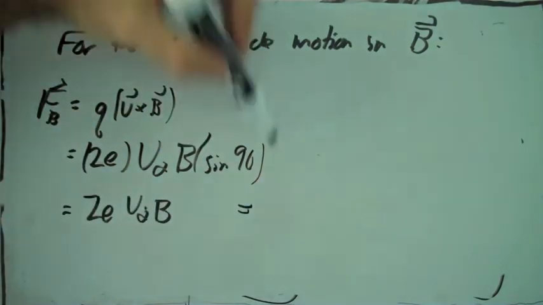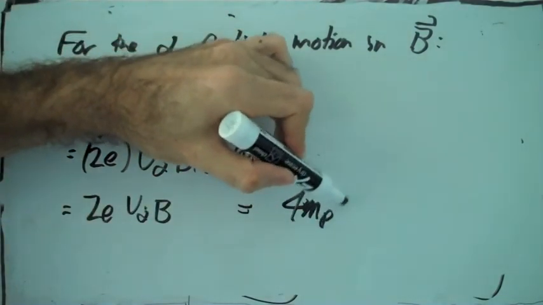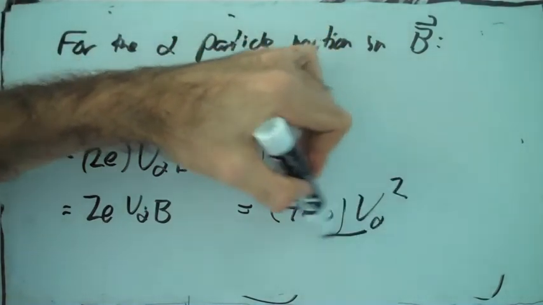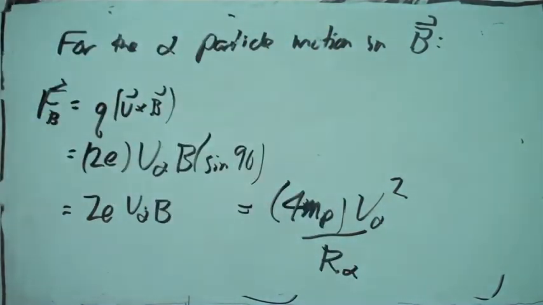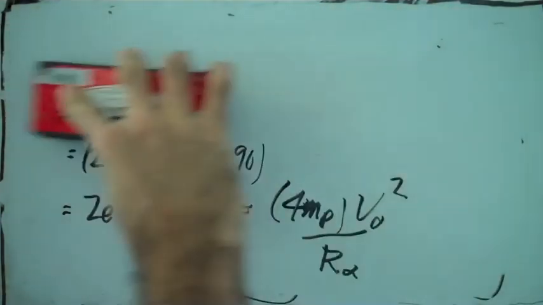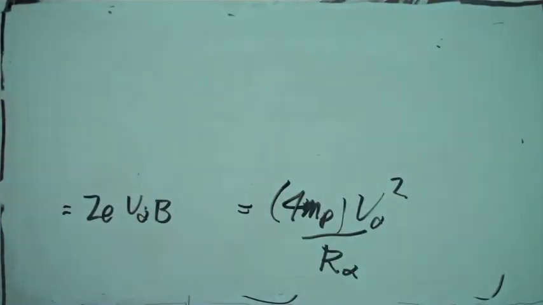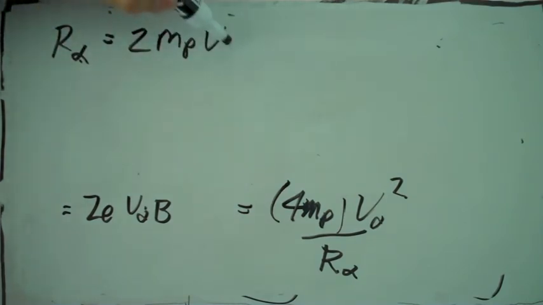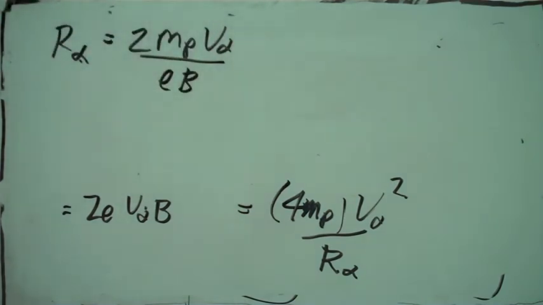Now, the force that the alpha particle feels is just its mass times its velocity squared divided by the radius of the alpha particle's path, because it's, again, doing circular motion. So from this expression we can easily solve for the radius of the alpha particle. It experiences circular motion with this radius.